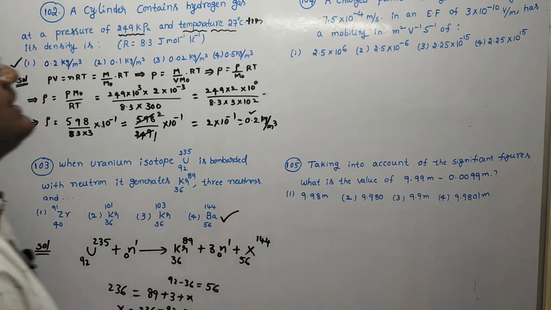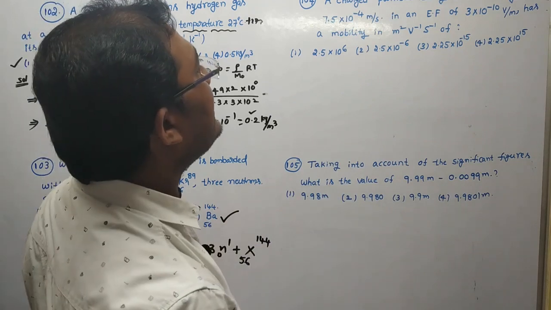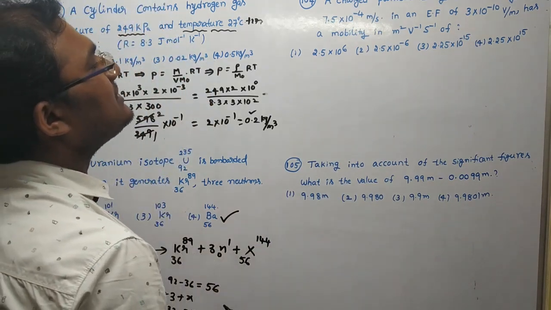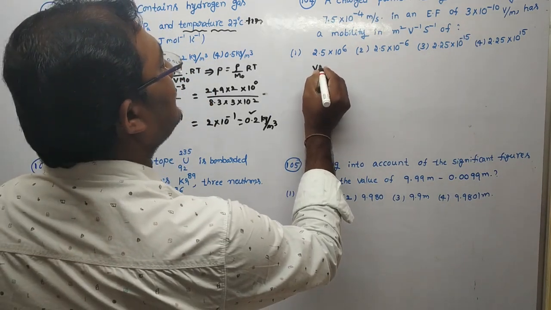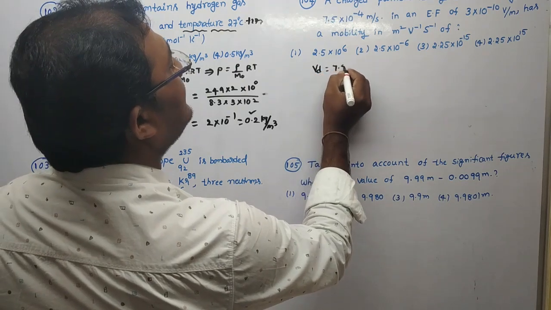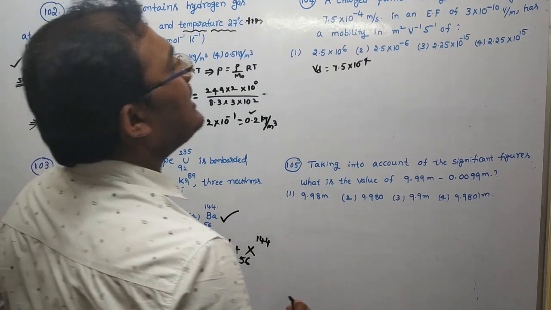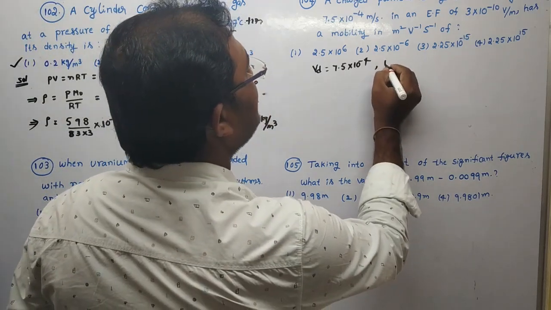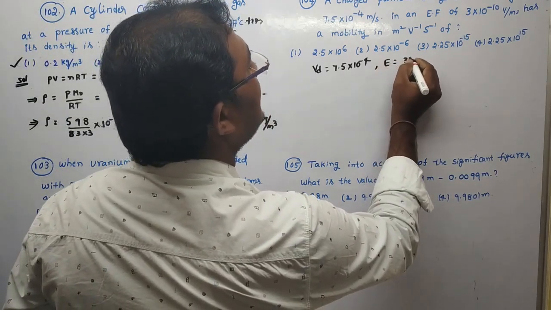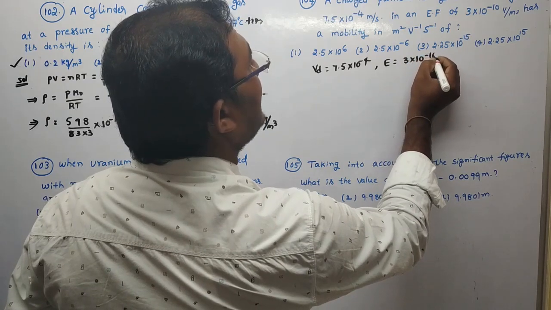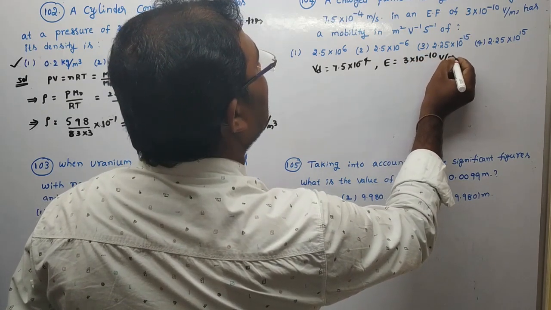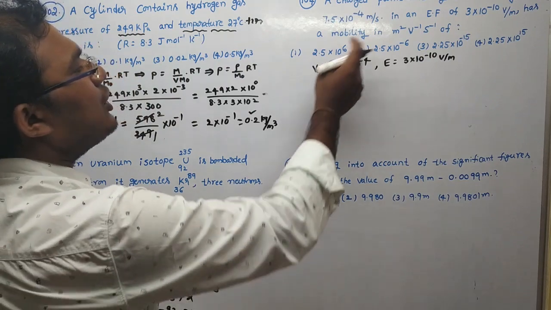The next question is, a charged particle having the drift velocity of 7.5 into 10 power minus 4 in an electric field, that means E equals 3 into 10 power minus 10 volt per meter. Then we have to find the mobility.